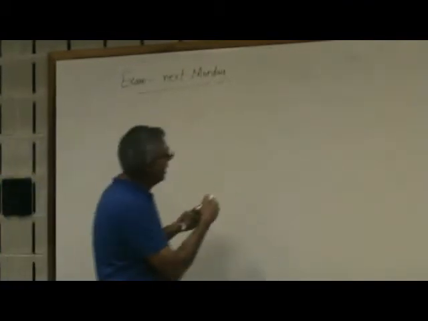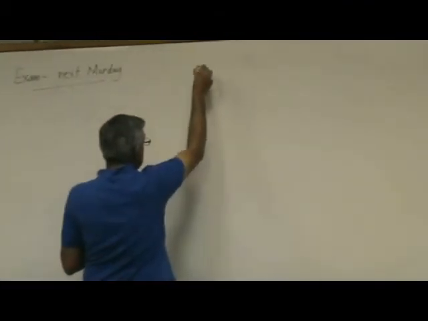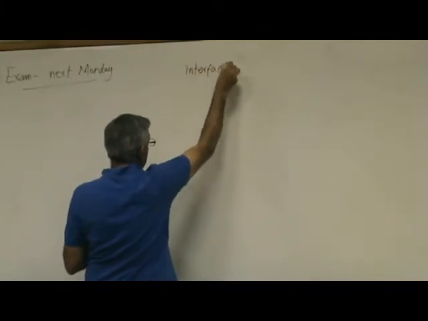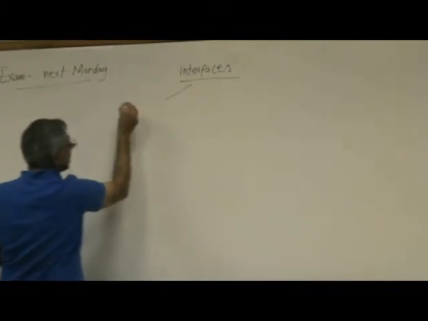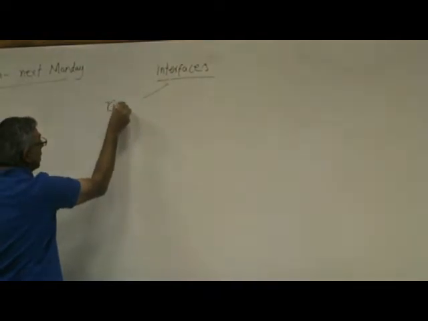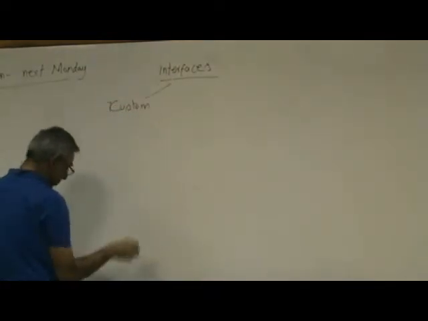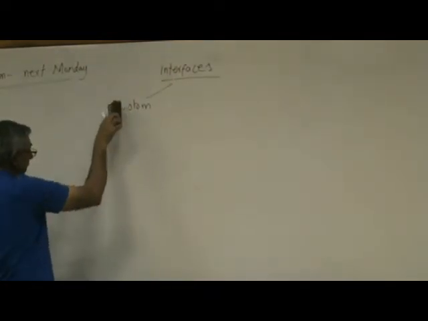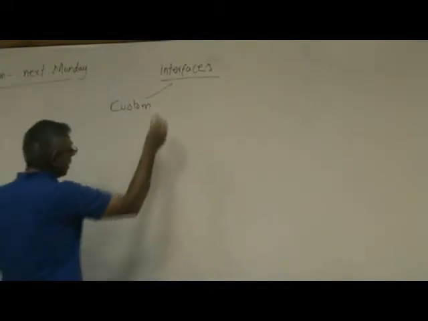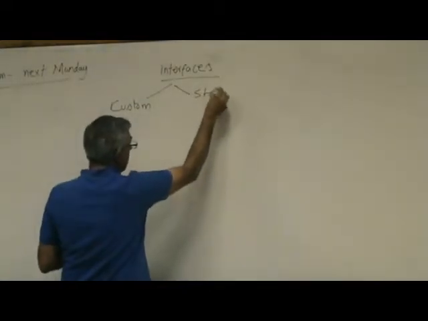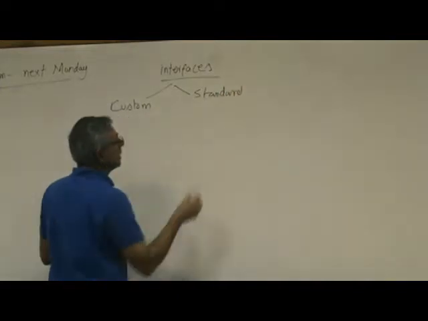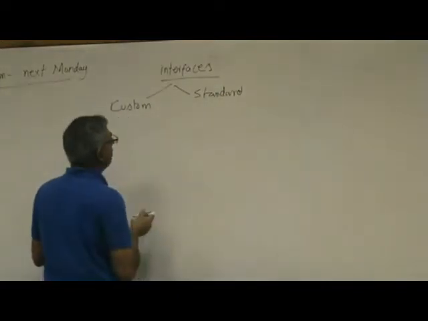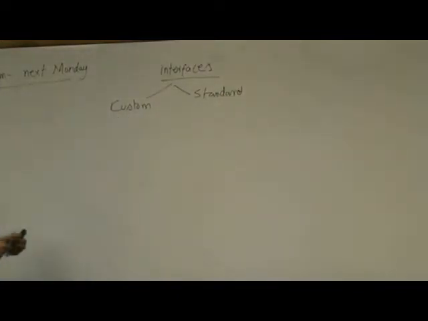Okay. All right. So last time we were looking at interfaces. We discussed that we can create custom interfaces, meaning we define the interface, or there are already predefined interfaces in the library, so we refer to them as standard interfaces, right?